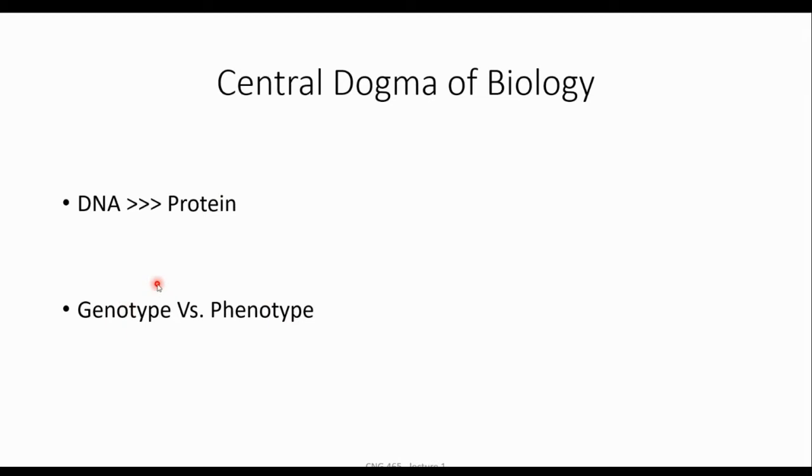What do we mean by that? A genotype is considered the DNA level, every piece of information that we have inside our DNA. I will define them later in detail. What do we mean by DNA? What do we mean by gene? You will see that. But just remember that genotype is related to our DNA level, and phenotype is related to our organism or tissue.